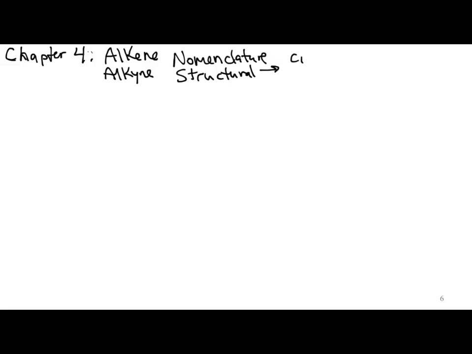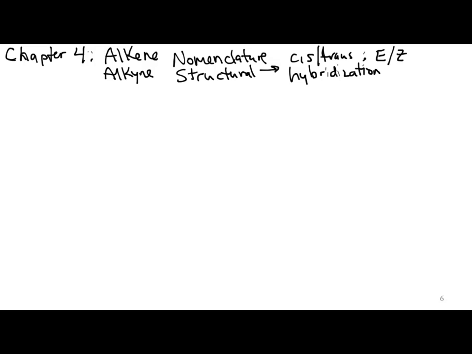Cis trans, also known as E/Z. We might also see some questions, and by might, you will see some questions on hybridization. Okay, hybridization, bond angles, that kind of fun stuff.